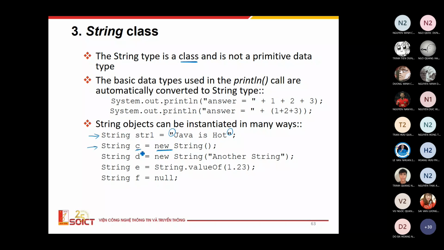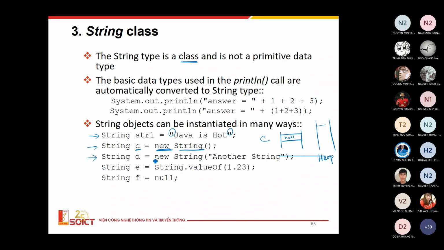You will create a string with the new operator and use the constructor of the String class. So here the string will be created, and the value is null because it is not yet referring to the heap. So for c you will have the value like this.